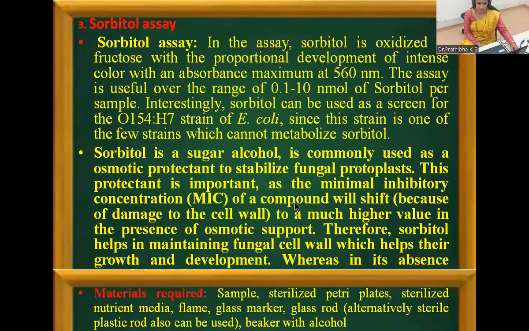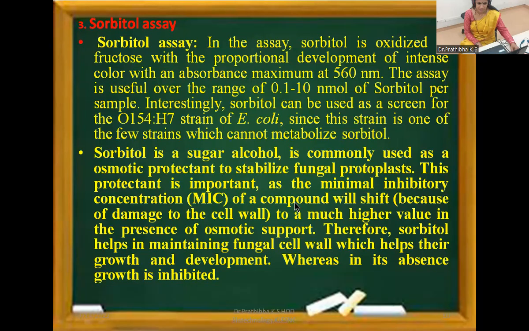Okay, next, sorbitol assay. In this assay, the sorbitol is oxidized to fructose with the proportional development of intense color with an absorbance maximum at 560 nanometer. Here, the assay is useful for the range of 0.1 to 10 nmole of sorbitol per sample.